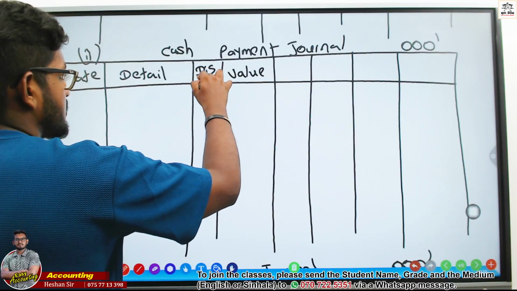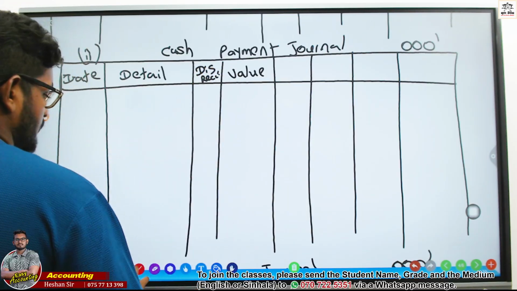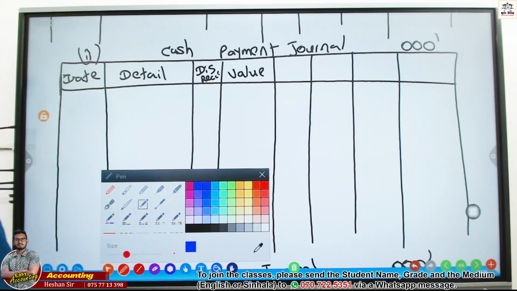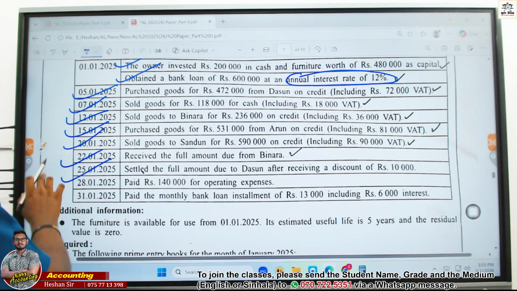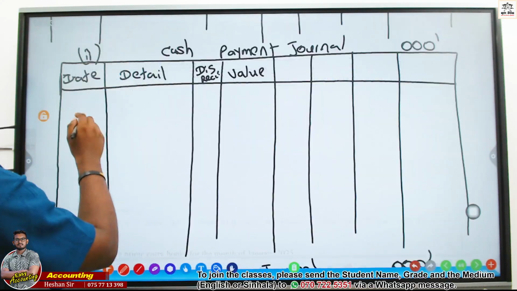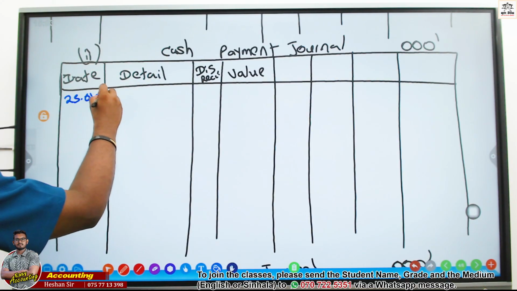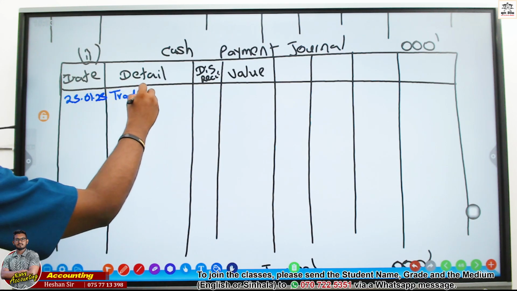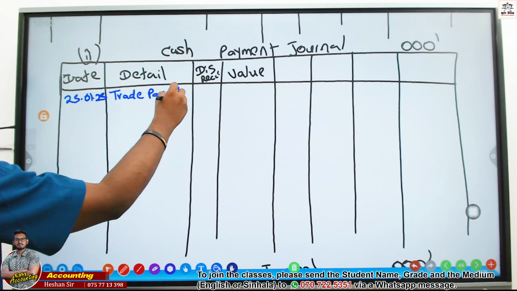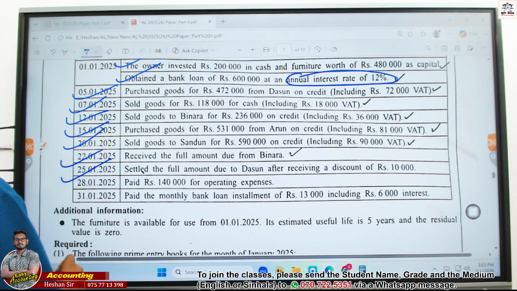Discount receipt. Right? So when is the date? Date is 25th of January. Trade payable. Who is the person? Dasun.